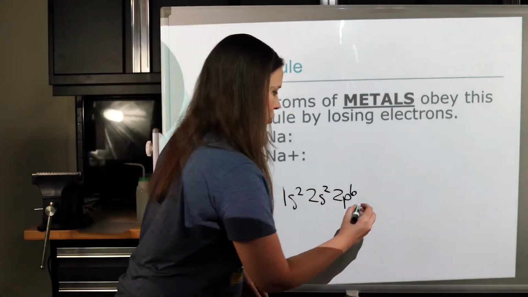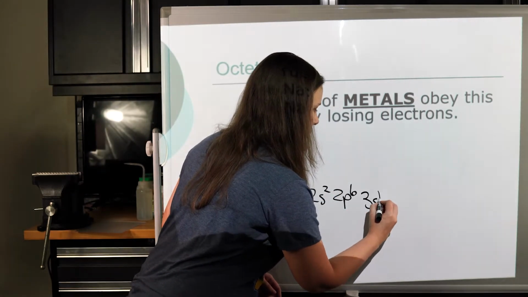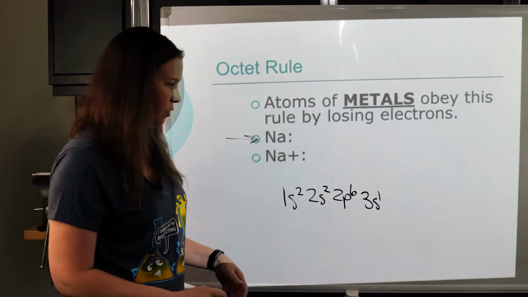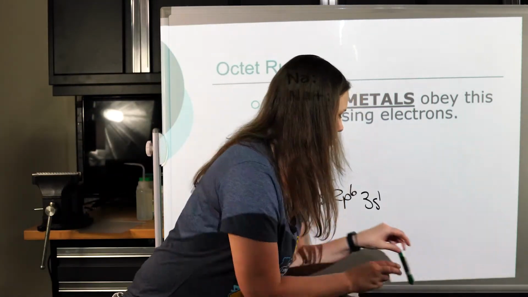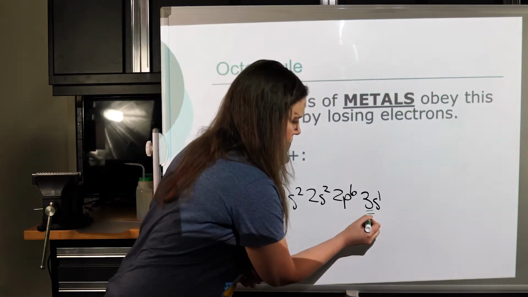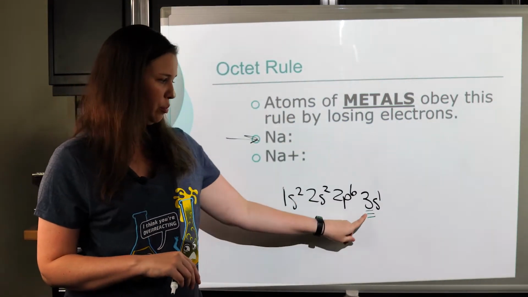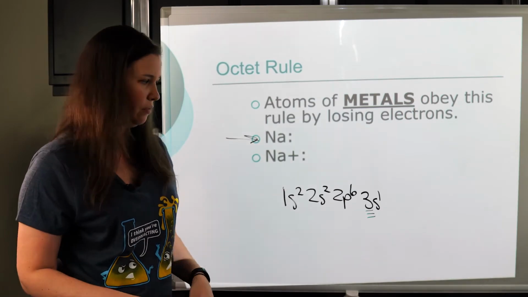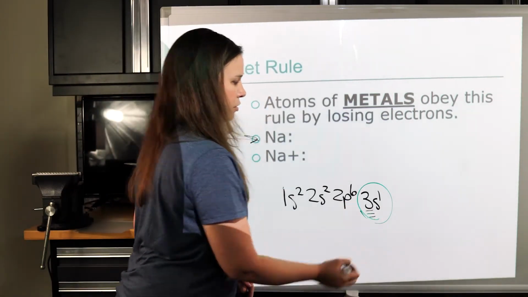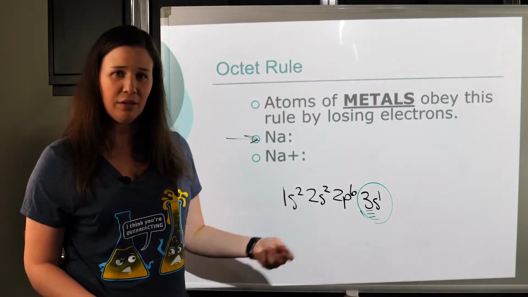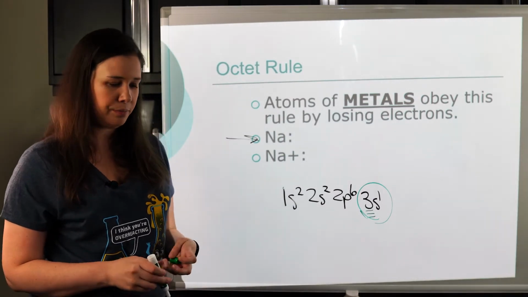We still need one more. So that's going to come from the 3s1 orbital. The orbital that has the highest principal quantum number, or that furthest out energy level. Remember, the principal quantum number means the furthest energy level. That's my valence shell. So sodium has 1 valence electron in the 3s orbital.